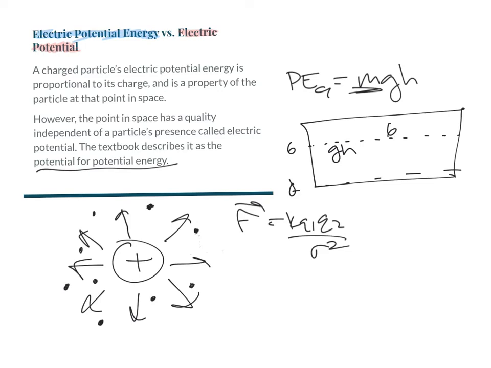So 6g times the mass at any point on this line. In a gravitational field, you could have a gravitational potential that is g times h. Whenever you put some mass there, it will have the potential energy mgh. So you're just taking out the specific object's qualities and looking only at the qualities of the field.